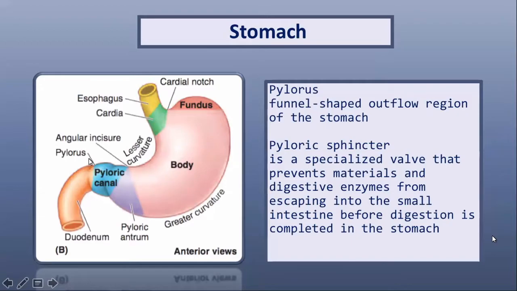A very important part there would be your pyloric sphincter. This is a specialized valve that prevents materials and digestive enzymes from escaping into the small intestine before digestion is completed in the stomach. That's your pyloric sphincter.